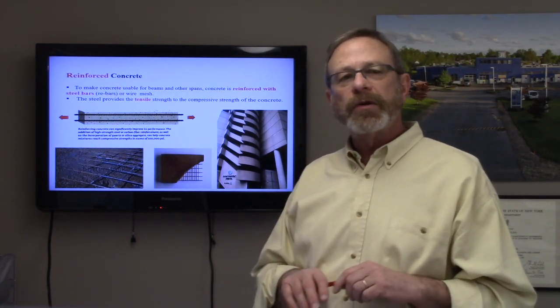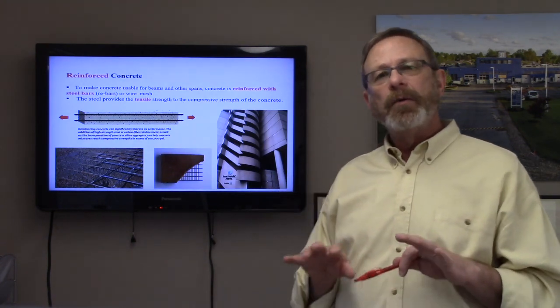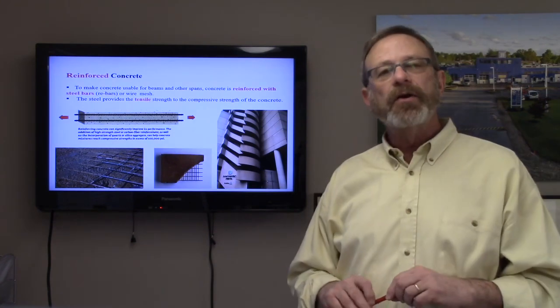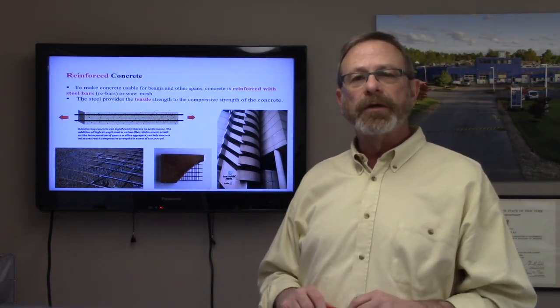Thus the name reinforced concrete. And once we are able to do that, we are now able to create fantastic new shapes that could never have been executed before the invention of reinforced concrete.